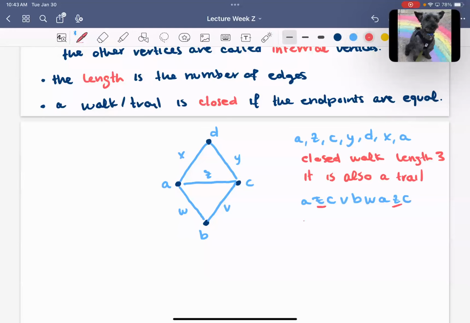So this is not a trail because Z appears twice. And it's also not closed. Okay, is it making sense? Are there questions? This was just an example.